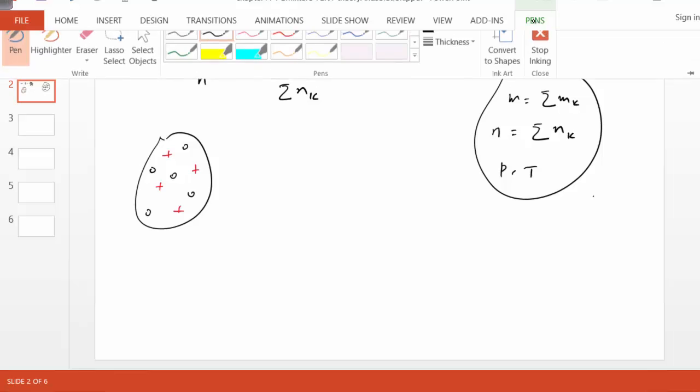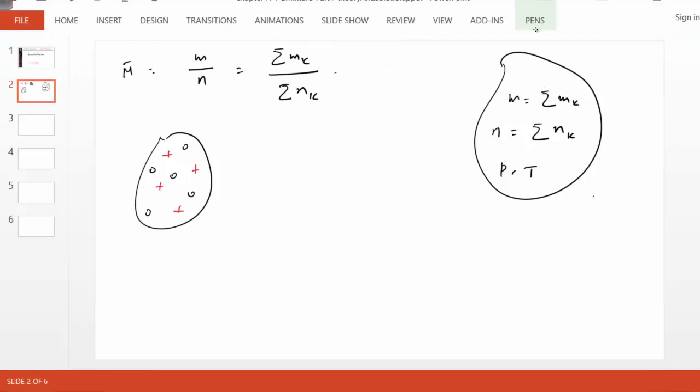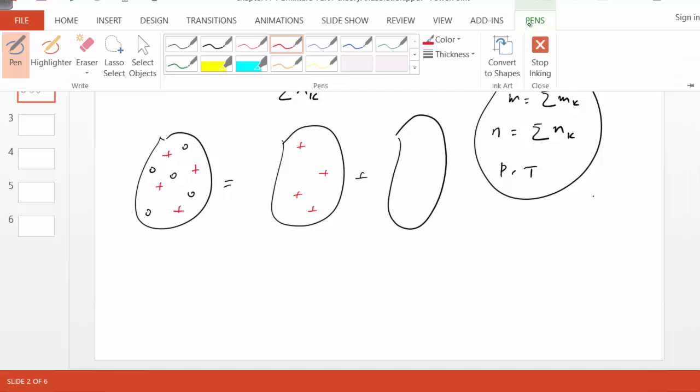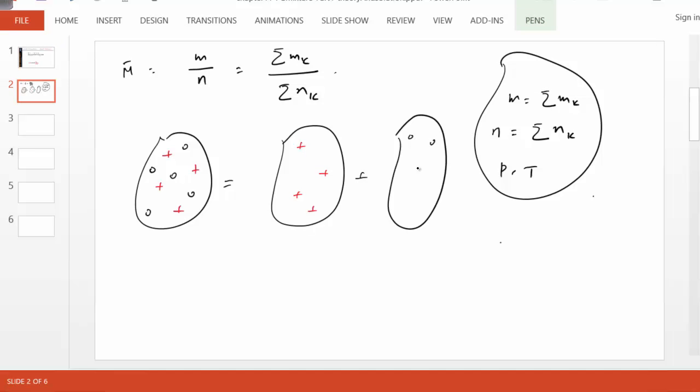Dalton's model essentially says that if you have a situation like this, you can treat the mixture as if it's a superposition of two pure systems, with red molecules in one and black molecules in another.